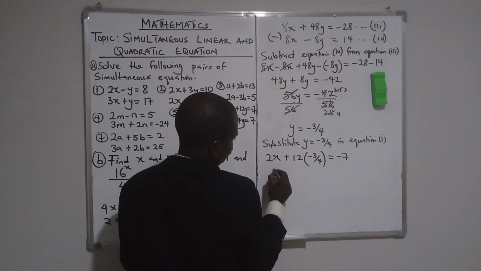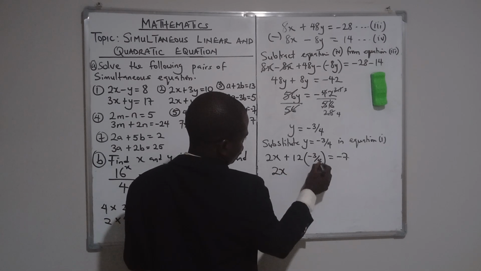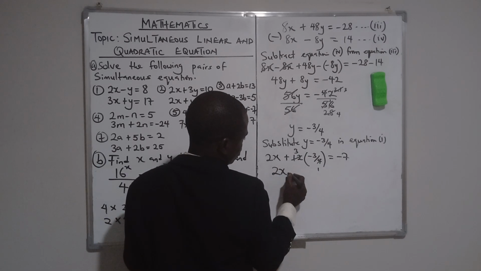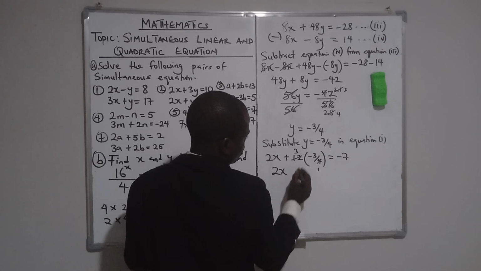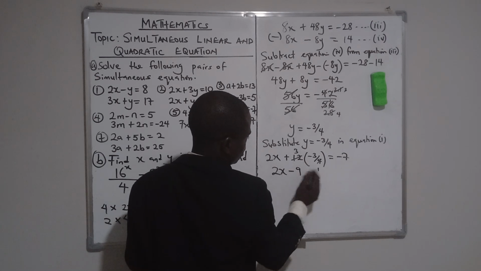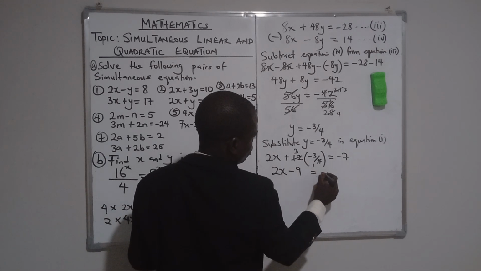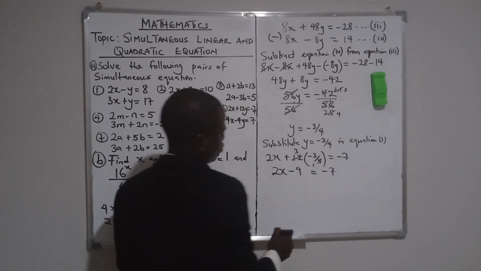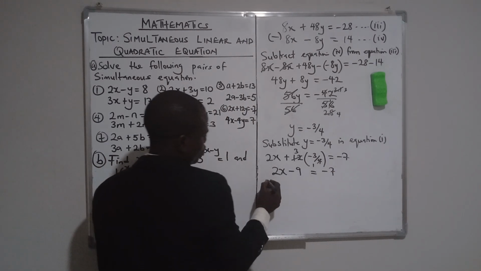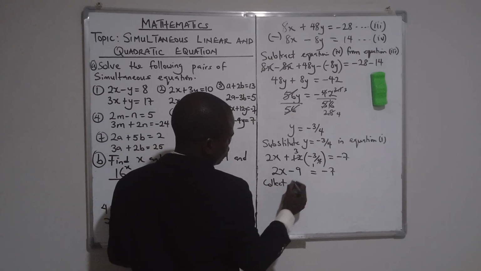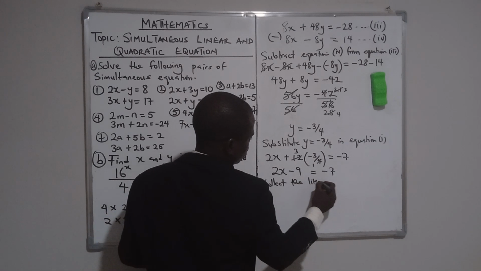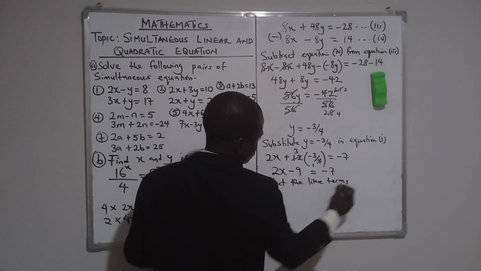Now 2x, 4 into 12 is 3, 3 times minus 3, that's minus 9, equals to minus 7. Let's collect the like terms.